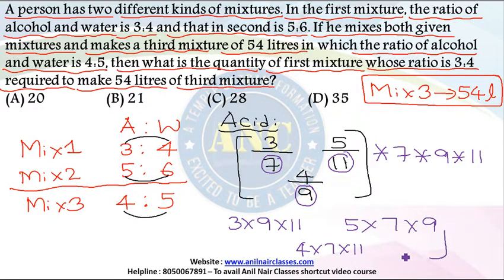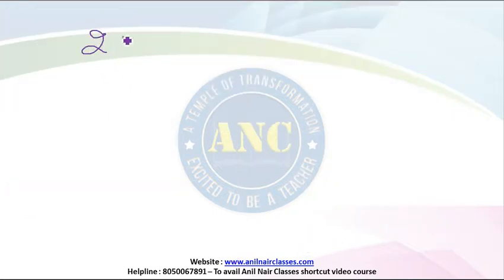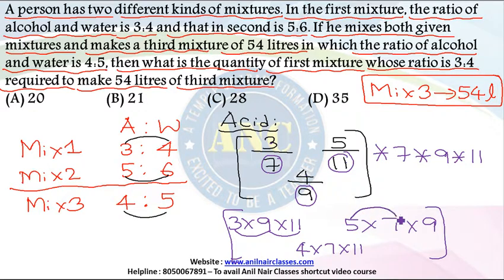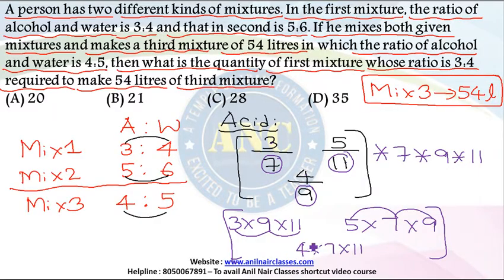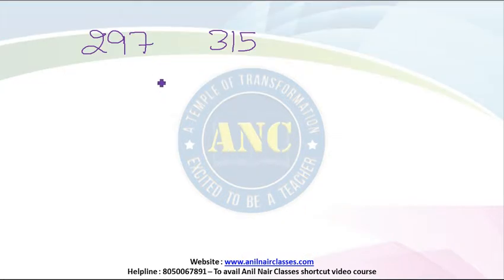Simplifying, 3 into 9 is 27, 27 into 11 is 297. Similarly, the second value is 5 into 7 is 35, 35 into 9 is 315. And the last value is 4 into 7 is 28, 28 into 11 is 308.